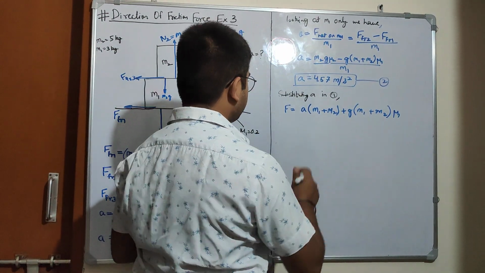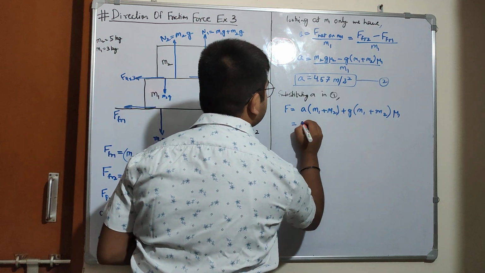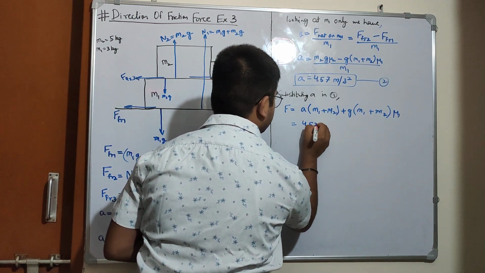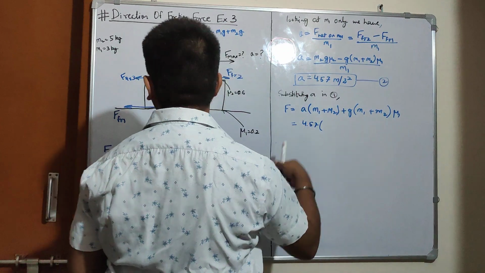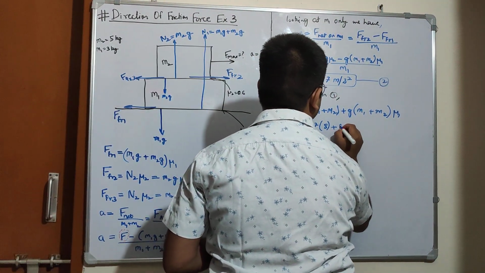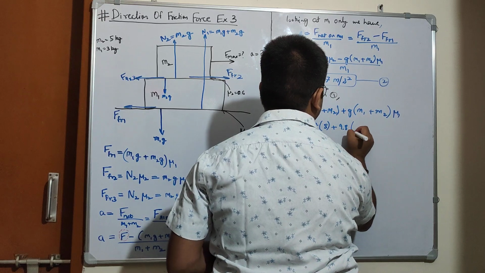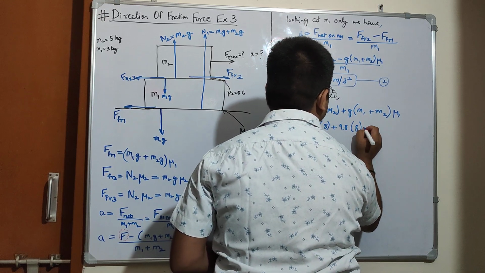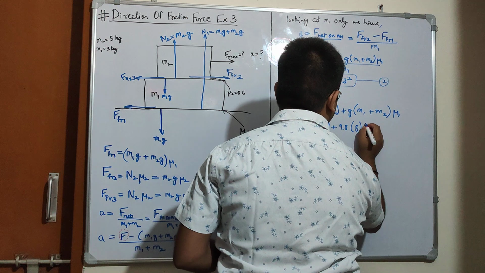Now this would be equal to: acceleration is 4.57, m1 plus m2 is 8 kg, g is 9.8, m1 plus m2 is 8 kg and mu1 is 0.2.